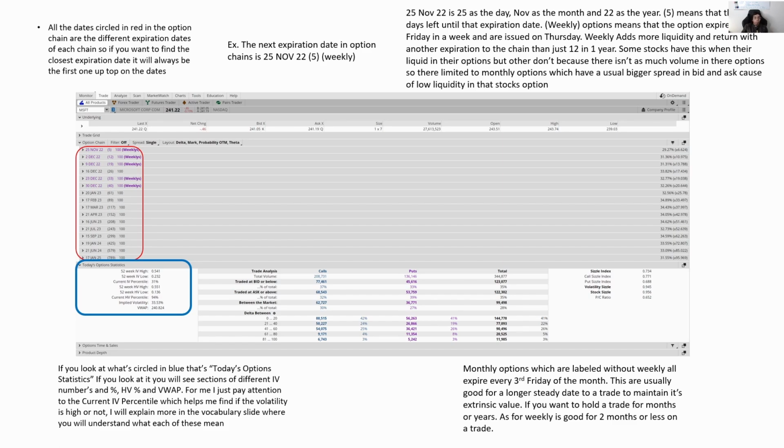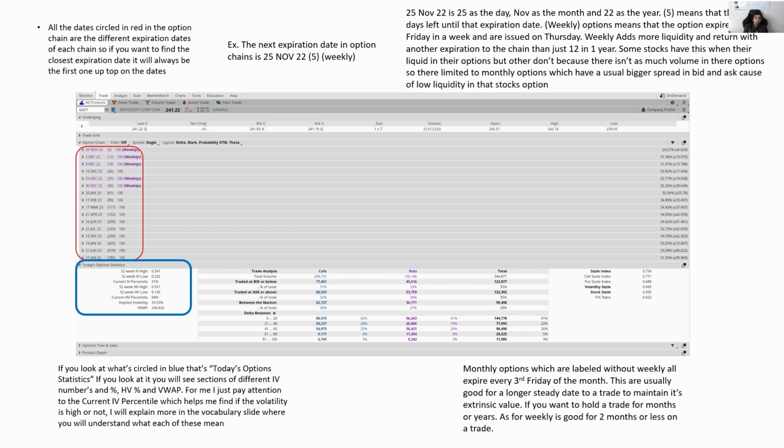For me, though, I just pay attention to the current IV percentile, because it helps me find out if the volatility is high or not. When the volatility is high, options tend to be expensive, and when volatility is low, options tend to be cheap. I will explain more in depth in the vocabulary slide.